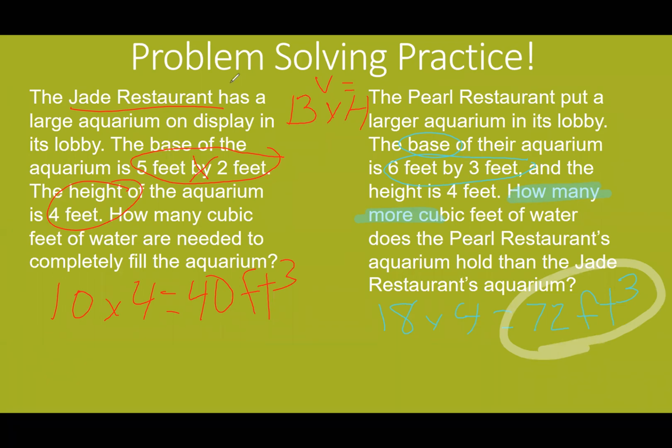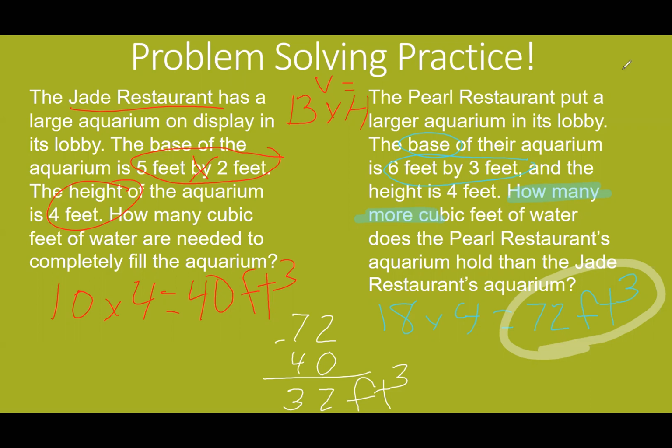But you have to know that because now you need to subtract 72 minus 40. The answer is 32 cubic feet. How many more cubic feet of water do they need? They need 32 more cubic feet.